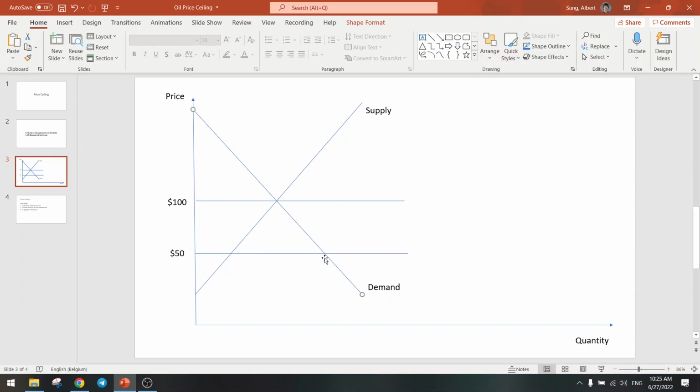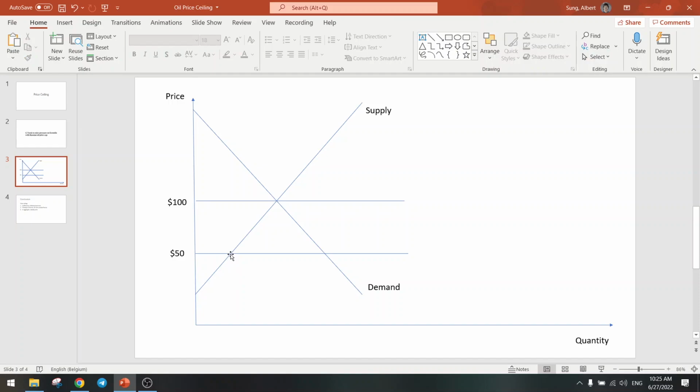But from the perspective of the producer, this will be a problem because it's too cheap, that oil. So I won't be able to produce that quantity. So this point is not viable from the perspective of the producer. Okay? So this is a dream. This will never come true. So it must be this equilibrium point.